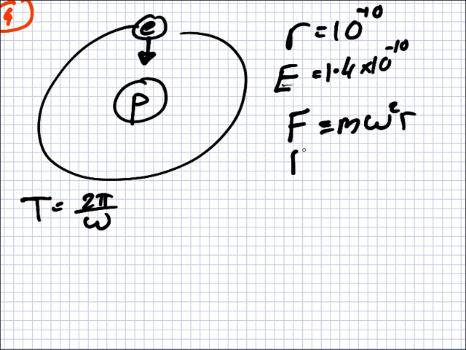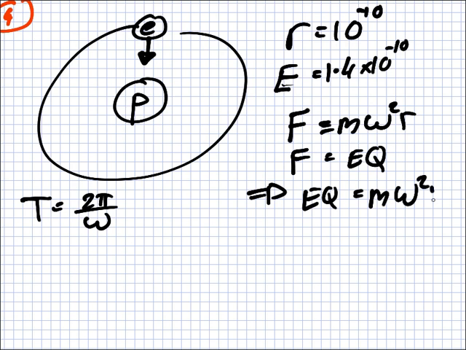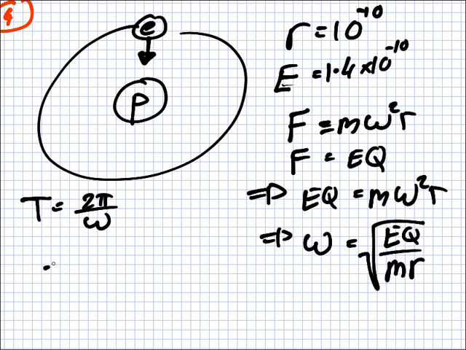And also we know that F equals EQ. So together, that means EQ equals m omega squared r, which means omega is equal to the square root of EQ over m r. So that means T is equal to 2 pi root m r over EQ.